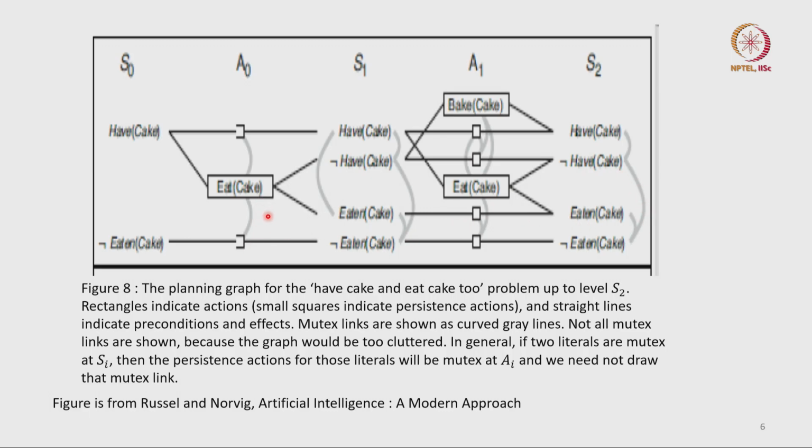Eat cake and not eaten cake are also mutex with each other, etc. Right? So this is what is called a planning graph, and this is a very simple planning graph which has been taken just to show how planning graphs actually work, right?